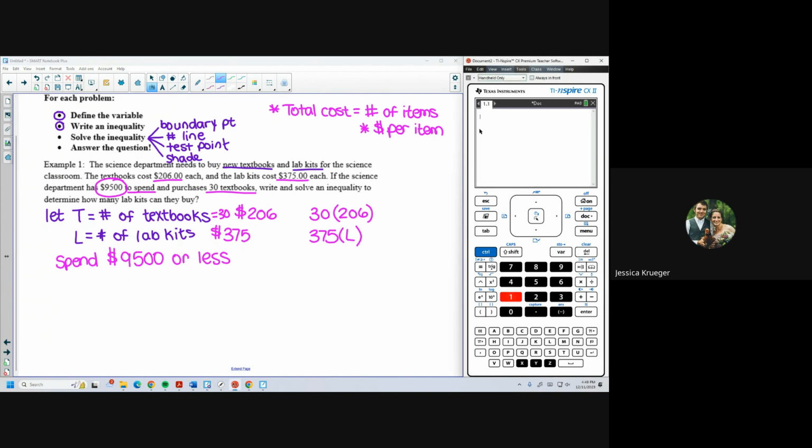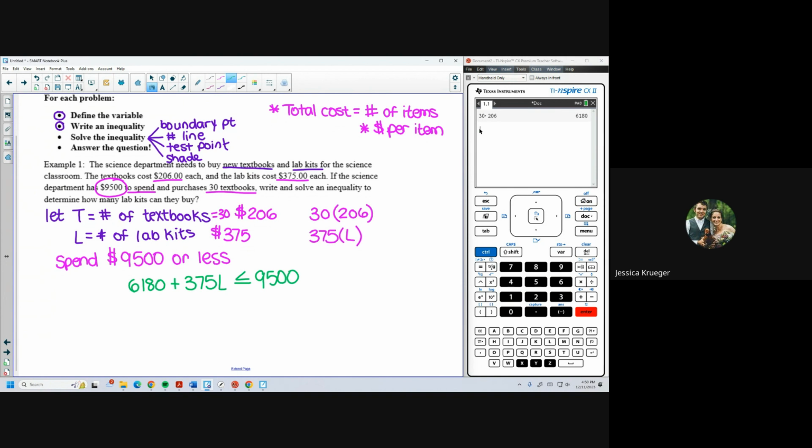I'm going to open a new page, add a calculator page, and I'm going to figure out what 30 times 206 is. And that gives me 6,180. So that's for the textbooks. If I add in the lab kits, that's going to be 375 times the number of lab kits that I buy. And I need to make sure that the amount I spend is less than or equal to $9,500.